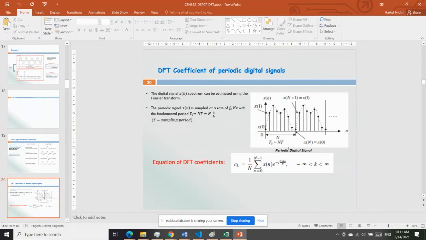And then we apply the discrete Fourier transform, and we get a discrete spectrum. So this is the equation for applying the discrete Fourier transform, and we get discrete values ck, where k is an integer: 0, 1, 2, 3. So we get discrete values.